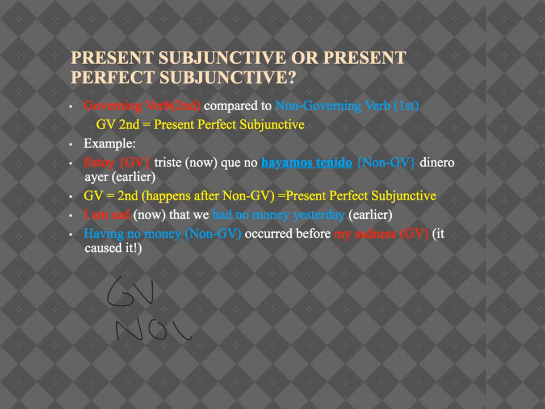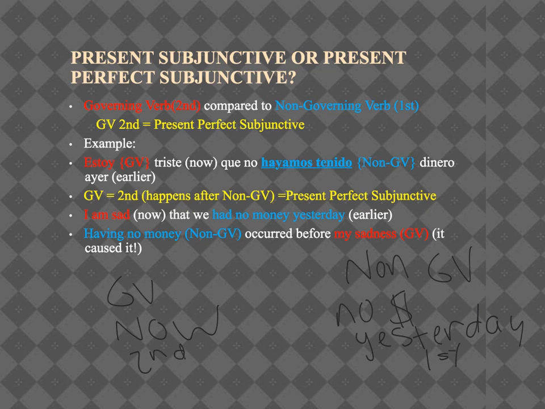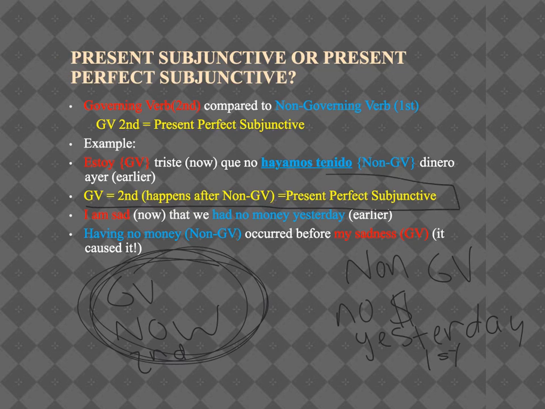I'm sad right now. Non-governing verb, not having money, that happened yesterday. That already happened. I'm just sad about it now. I'm sitting around being like, well, I didn't have money. So this happened first, not having the money. Then I was sad about it. When governing verb is second in comparison, that's when I bust out this present perfect subjunctive.